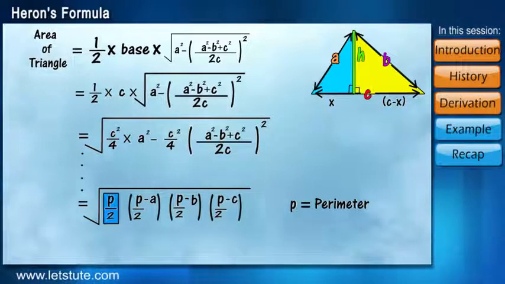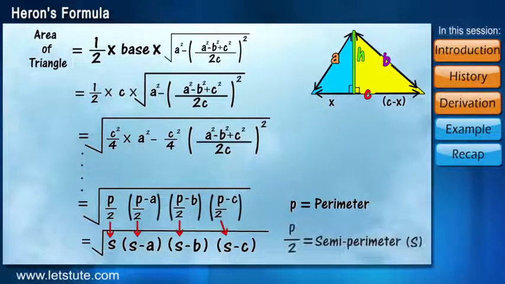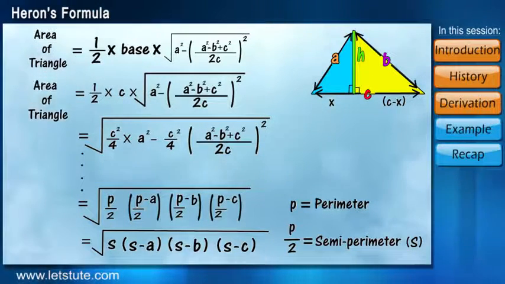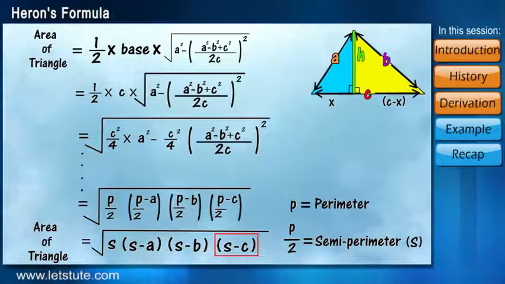So, we replace that with S, which is nothing but semi-perimeter. And now we have arrived at a formula which says that area of triangle equals the square root of S multiplied by (S minus a) multiplied by (S minus b) multiplied by (S minus c).